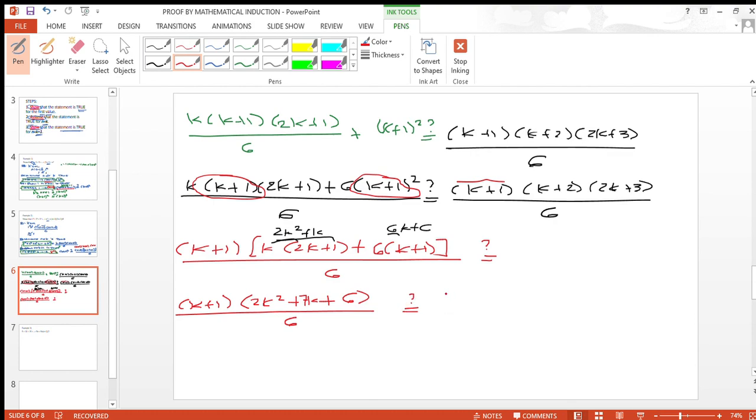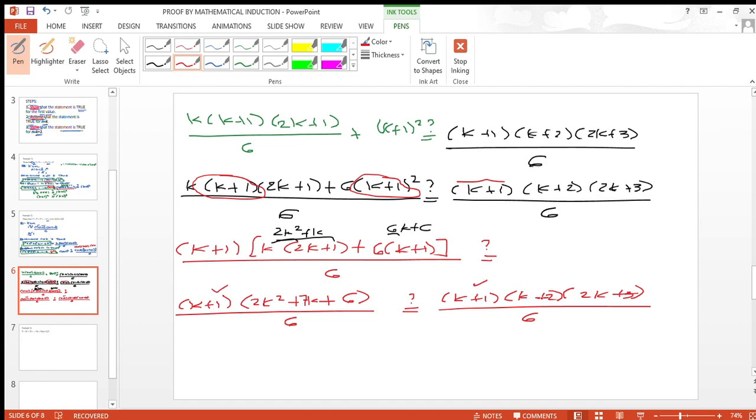Okay, so what do we have in the right side again? Maybe we can tap it here, k plus 1, k plus 2, and then we have 2k plus 3, everything divided by 6. We're almost there, I guess. Look at this, k plus 1, k plus 1.